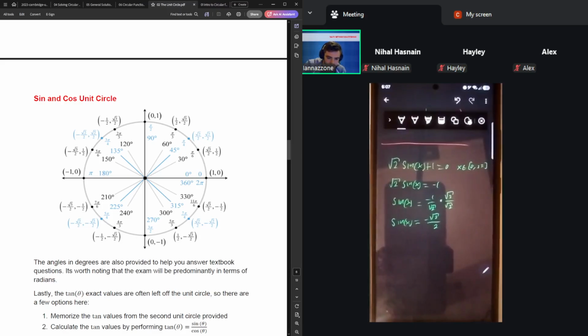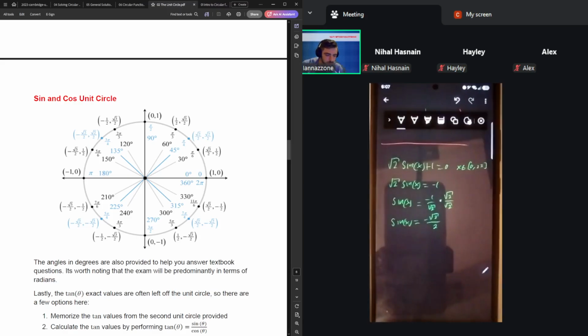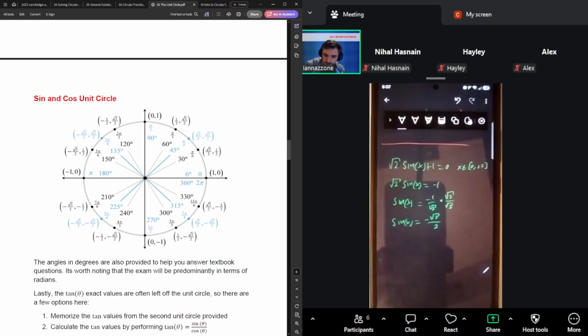Which is what we move on to now. We've got the circular function on its own, there's no substitution required. We now need to look on our unit circle and figure out where all the angles within 0 to 2 pi, one revolution of the unit circle, are that get us negative root 2 on 2 for sine. I've got that up on the screen share. You've also got a copy in the chat as well, should you wish.